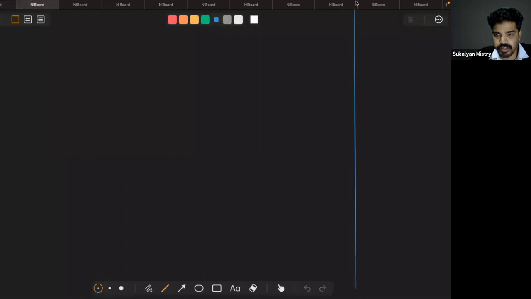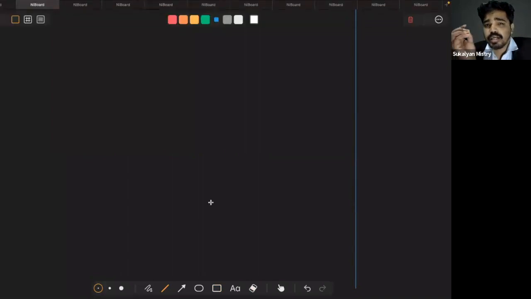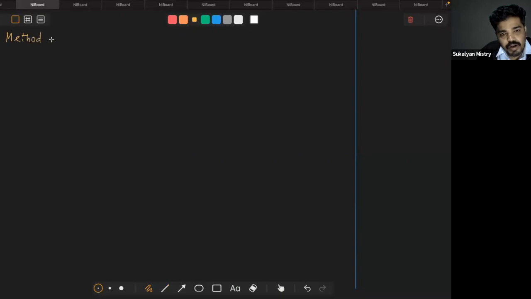It is a very, very important section in this chapter. আমরা ডিভিশন অ্যালগরিদম, ইকুইলিডিয়ান ডিভিশন অ্যালগরিদম এর হেল্প নিয়ে আমরা জিসিডি বের করব, ঠিক আছে? সো রাইট ডাউন মেথড অফ ফাইন্ডিং GCD. Method of finding GCD.